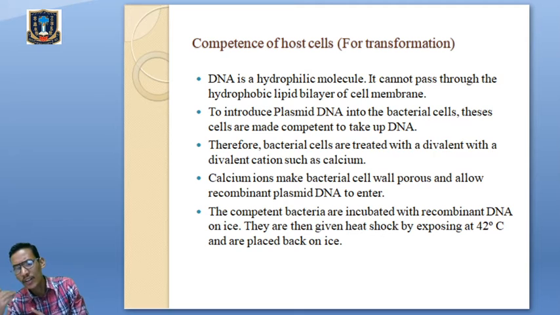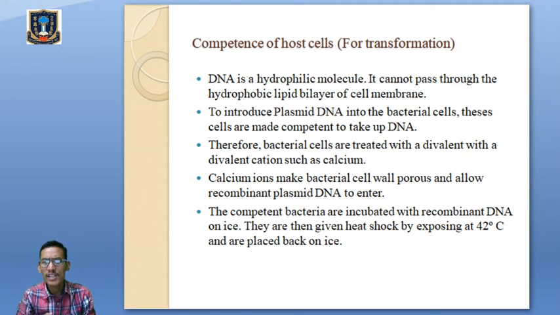So how are they made competent? These bacterial cells will be treated with a divalent cation like calcium ion. The calcium ion will make multiple pores in the body of the bacterial cells or the E. coli cells, and through these pores the recombinant DNA will enter the bacteria. Now the bacteria with the recombinant DNA will be incubated on ice.